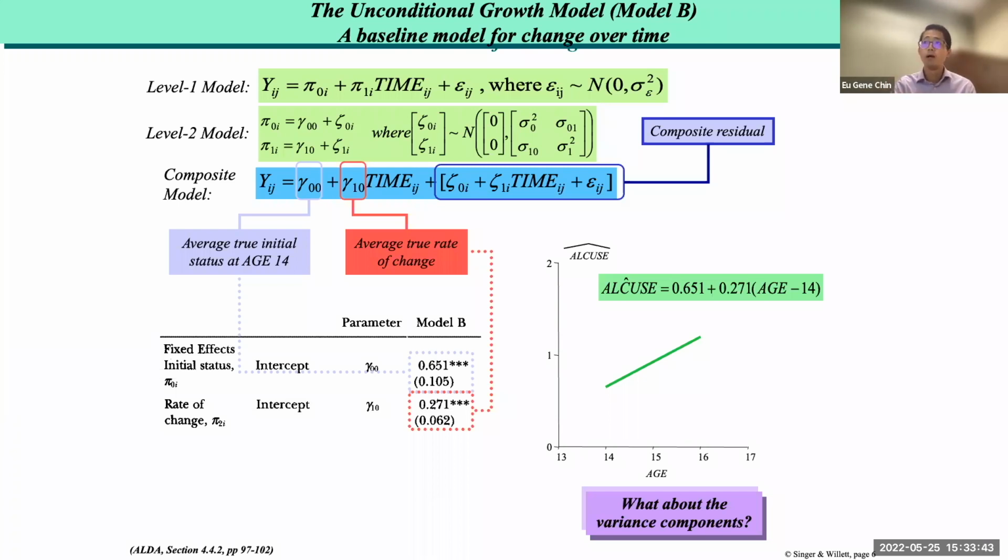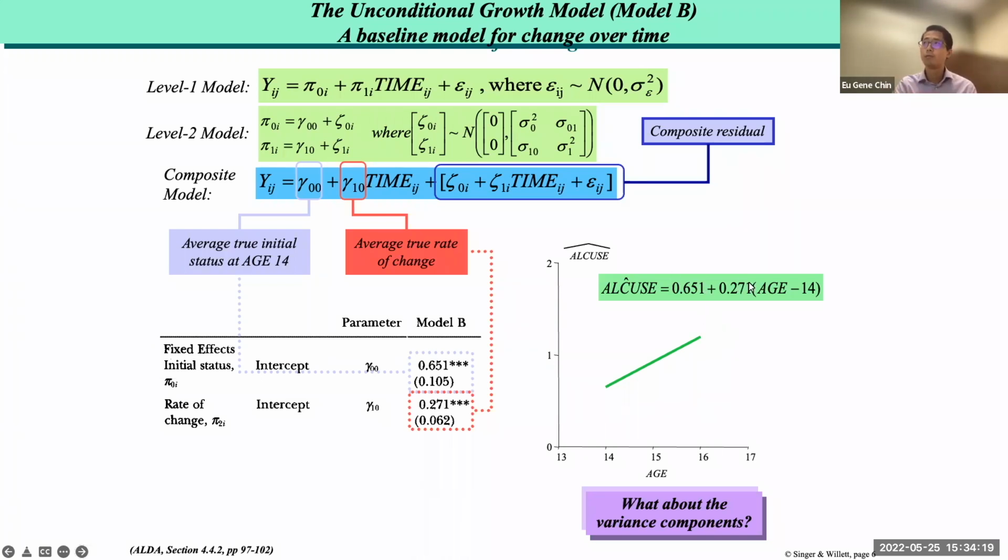The slope of the population average change trajectory is shown by gamma subscript 10. This is actually 0.271. So this represents the change in the transformed alcohol use scores whenever time increases by 1 unit. So the composite model, in terms of writing it out, if you're just focusing on the fixed effects, should look very similar to any type of y equals mx plus c formula.